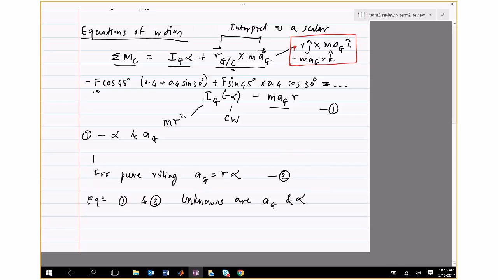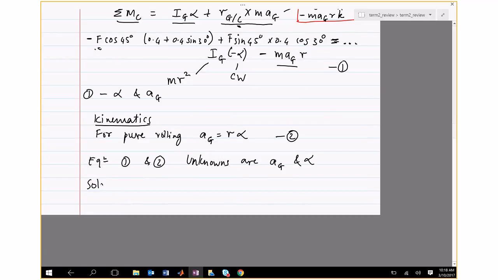This is kinematics. Okay, so solving, we have Ag equals 0.224 meters per second square and alpha equals 0.56 radians per second square.